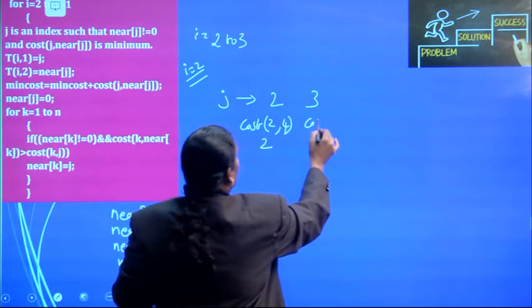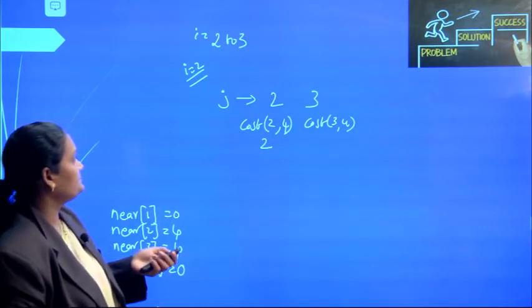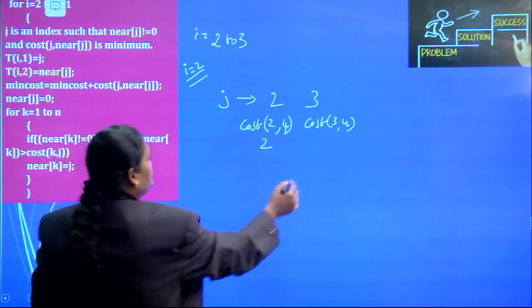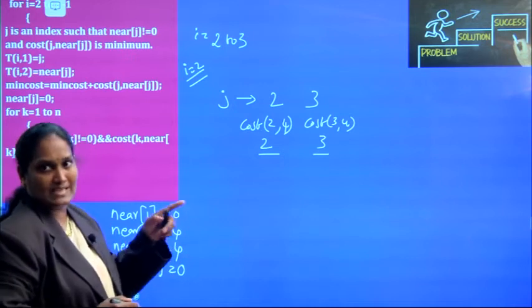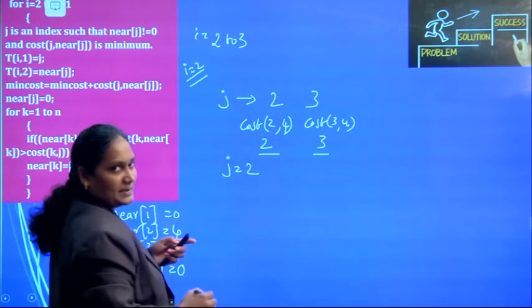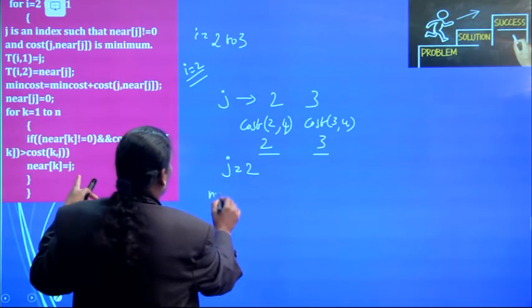And cost of 3, 4 is 3. Out of these two, which is the minimum value? 2 is the minimum value. So j becomes 2.